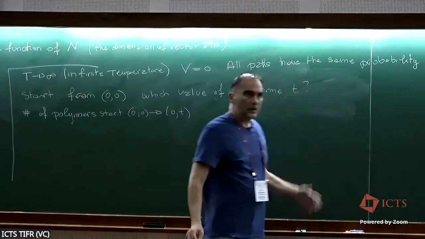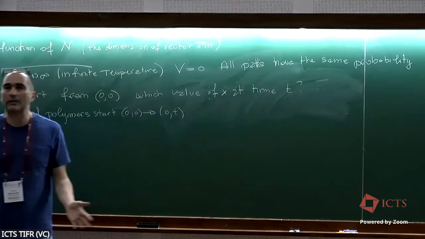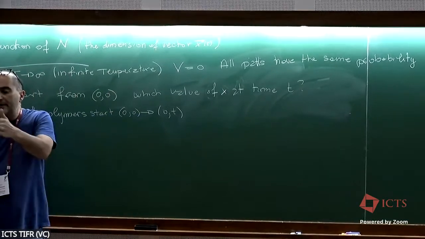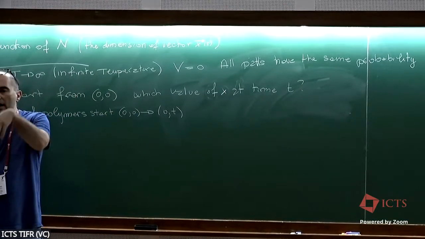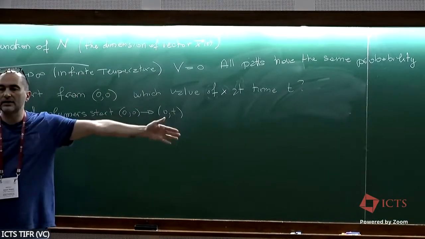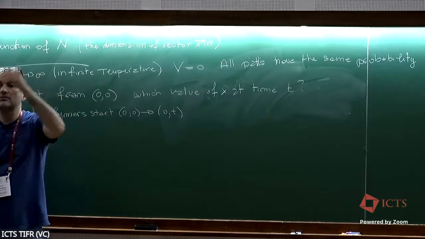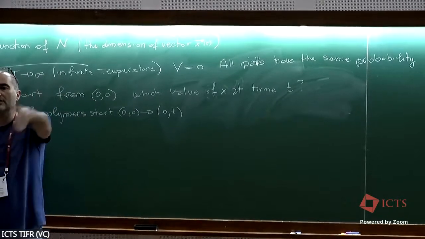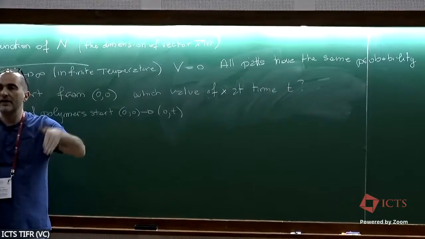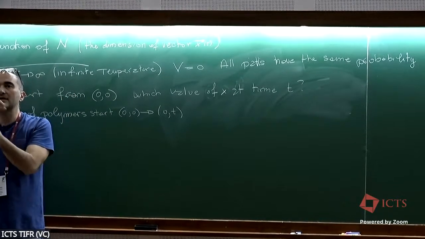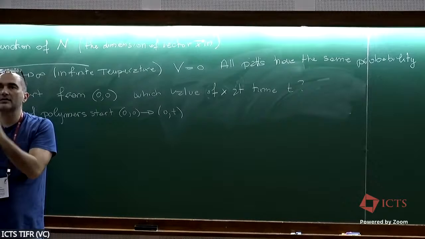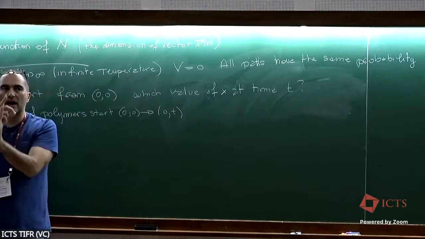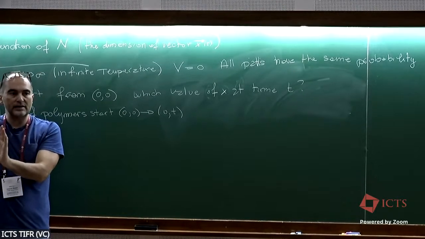So if you imagine that all paths have the same probability, and ending in 0, 0 has many more paths than ending in minus t, then most of the time you will be in 0, 0 and not in minus t. So now let's count how many paths you have starting from 0 and ending up in 0.